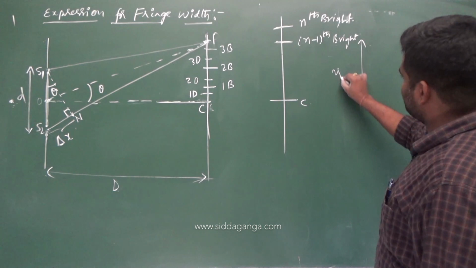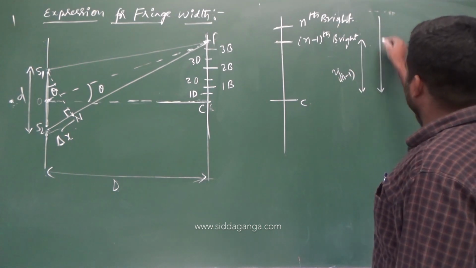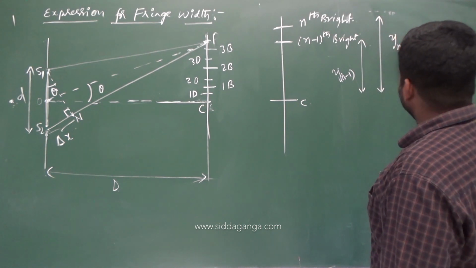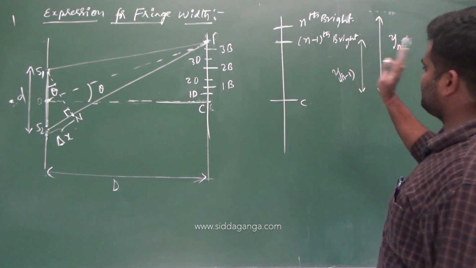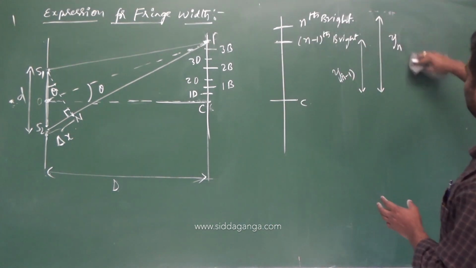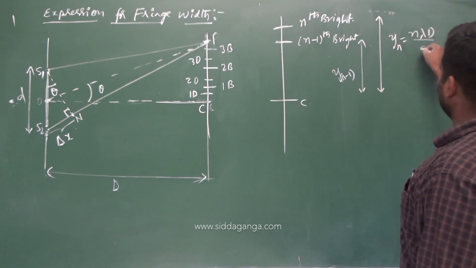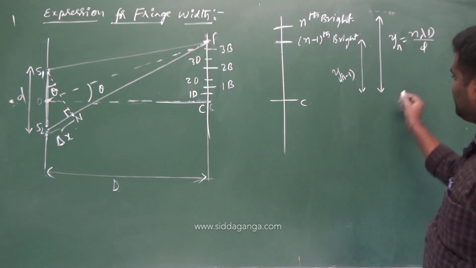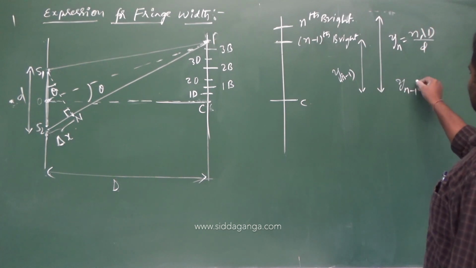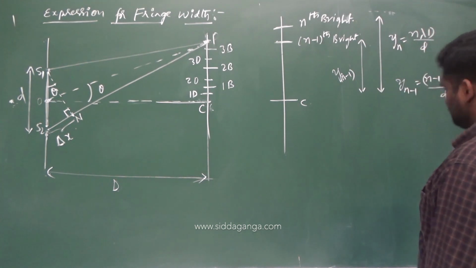What is the distance of the n minus 1th bright fringe and the distance of the nth bright fringe? yn and yn minus 1. yn equals n lambda capital D by small d, and yn minus 1 equals n minus 1 into lambda capital D by small d.